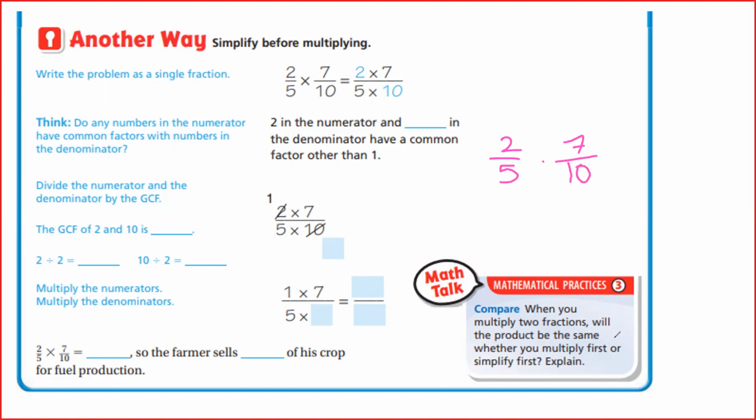Now, look at 2 and 10. I cannot go back now, I will tell you the answer later. For 2 and 10 here, what is the common factor that can be divided by 2 and by 10?